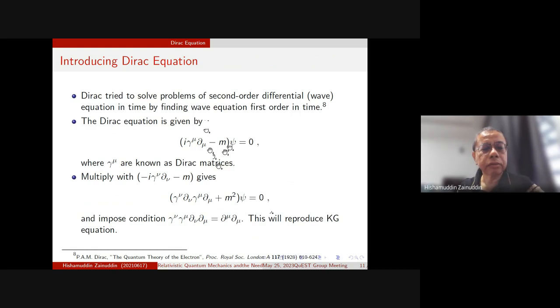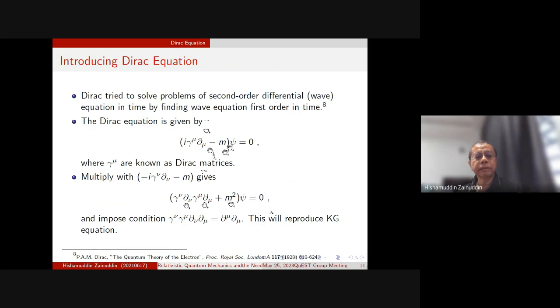So what one does is multiply this equation by this factor, and then you get something almost similar to the Klein-Gordon equation. You get the double derivatives over here, and then you have your m squared, but it's not quite the same because you have these gammas sticking out here.